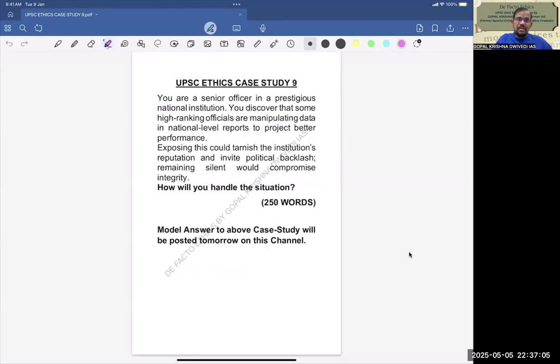You discover that some high-ranking officials are manipulating data in national level reports to project better performance. Exposing this could tarnish the institution's reputation and invite political backlash. Remaining silent would compromise integrity. How will you handle the situation? You have to answer in 250 words.